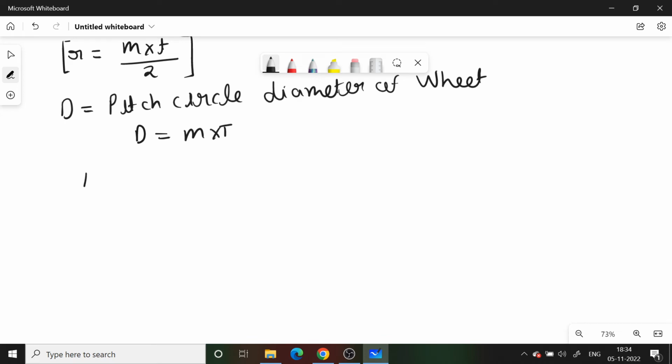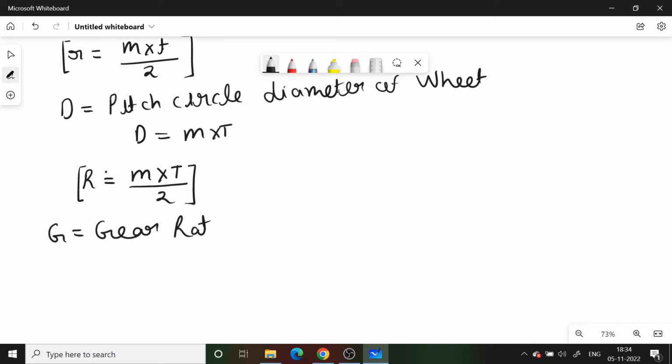So capital R will be equal to small m into number of teeth divided by 2. Capital G is gear ratio, capital T upon small t, and also equal to capital R upon small r. And phi is the pressure angle.